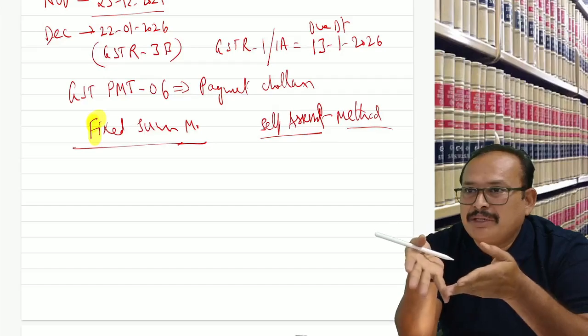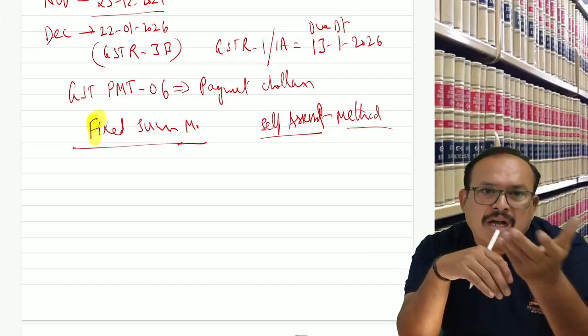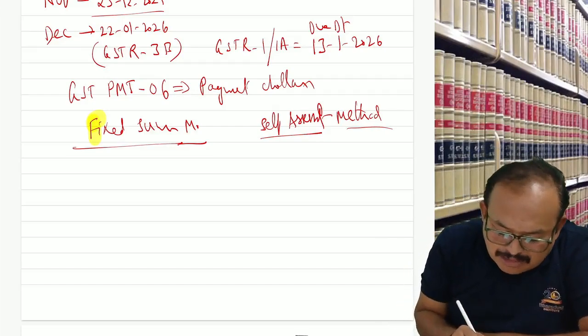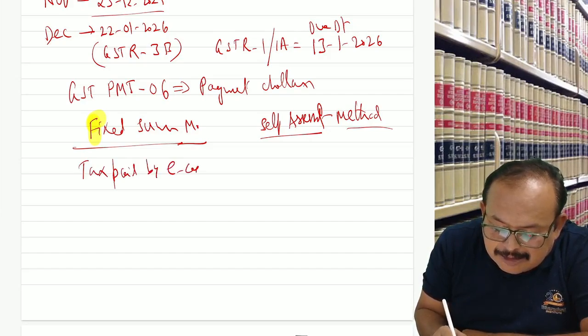For the month of October, I am under QRMP. The previous month is September 2025. How much tax was paid by the electronic cash ledger?